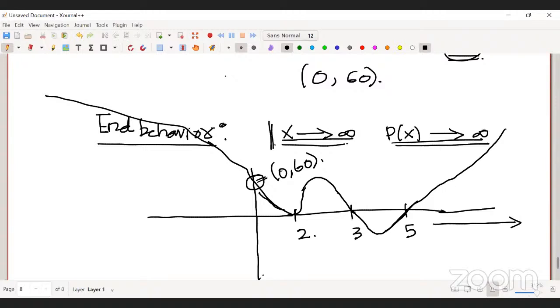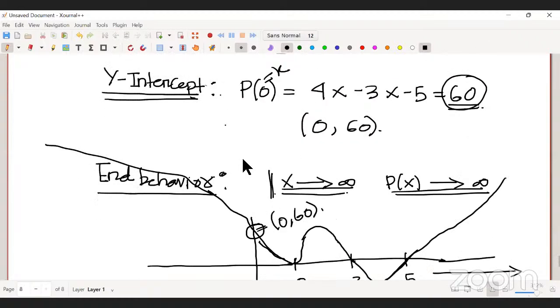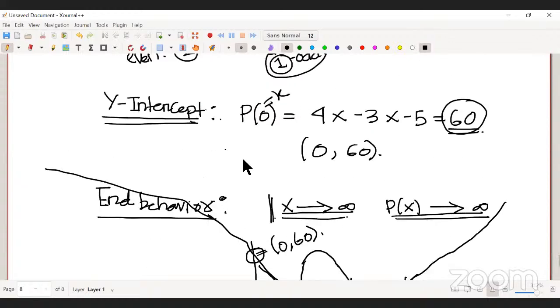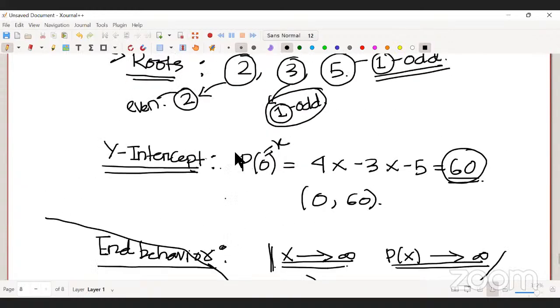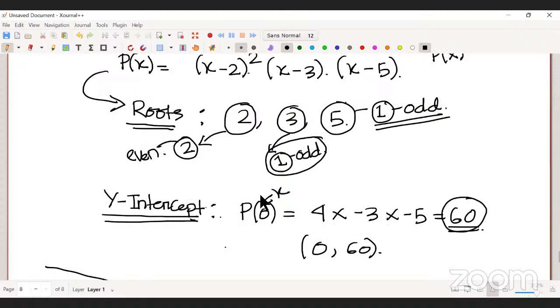How will I find the y-intercept? What is the definition of y-intercept? It's basically the point where the graph crosses the y-axis, right? That means on the y-axis, your x value is 0, right?